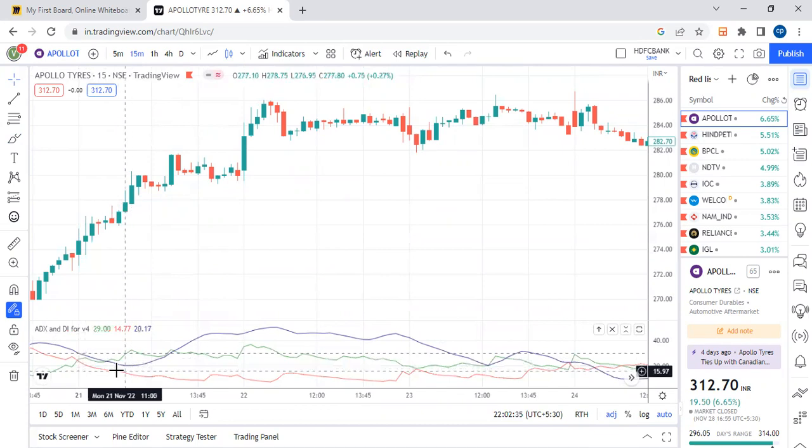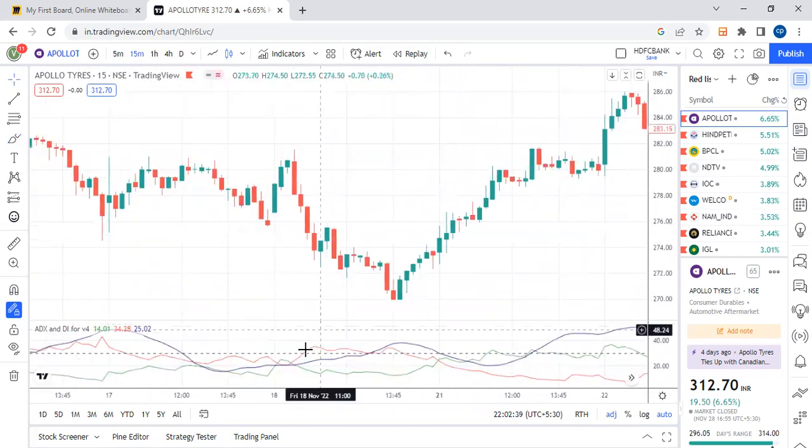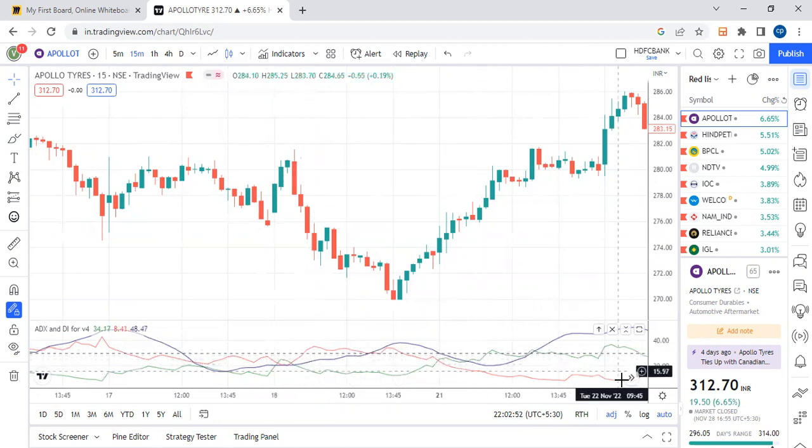Again, the strength is good. Here too the negative DI is crossing over the positive DI, so the trend is negative.